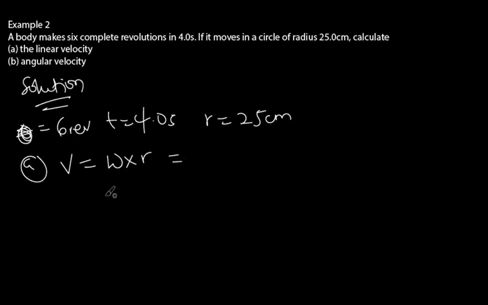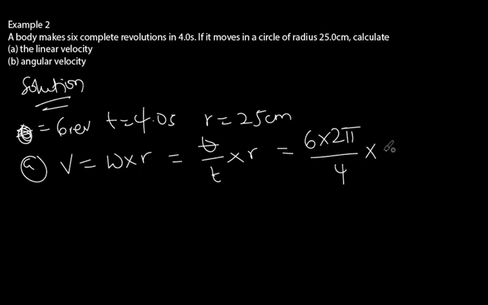So the angular velocity is the angular displacement divided by time, multiplied by the radius. The angular displacement we have is 6 revolutions, so we have 6 times 2 pi, converting it into radians, divided by the time, which is 4, multiplied by the radius, which is 25.